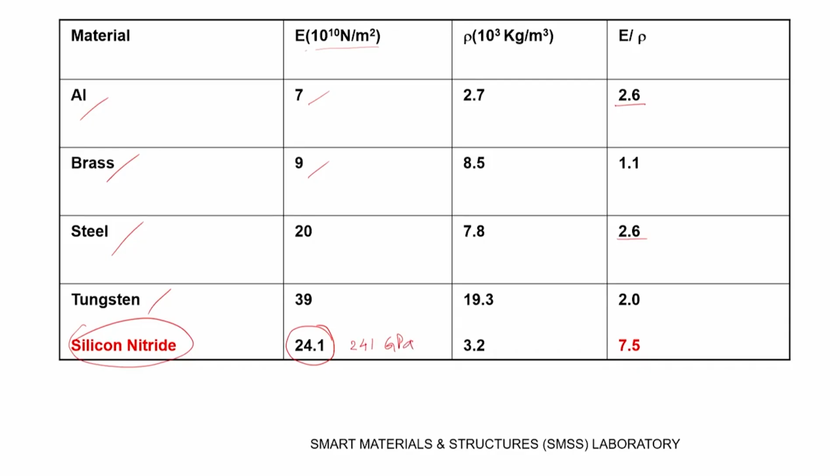Not only that, steel's density is 7,800 kg per meter cube, and this is 3,200 kg per meter cube. So, that means the E by rho here is 7.5, which is the highest, and no wonder that is why silicon nitride is used as a probe for the SPM whenever you are maximizing the resonating frequency of the system.